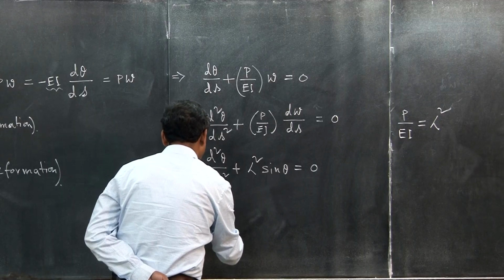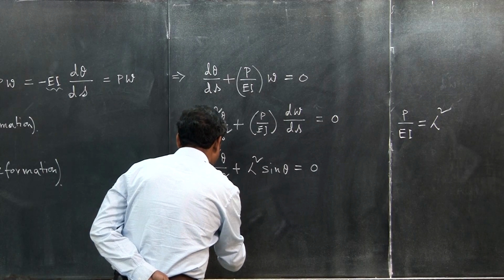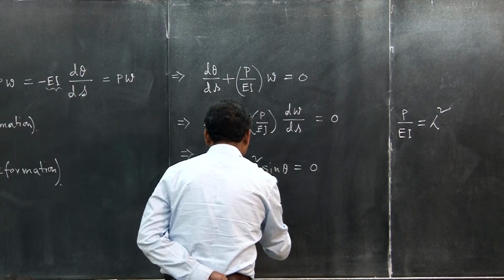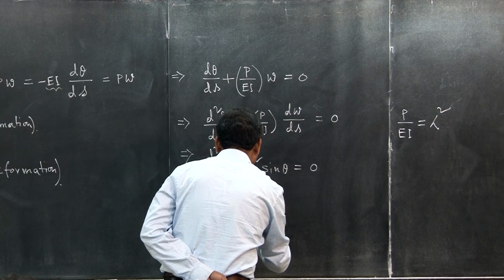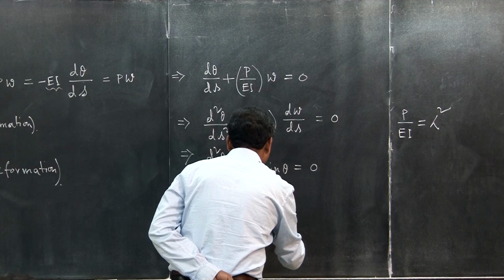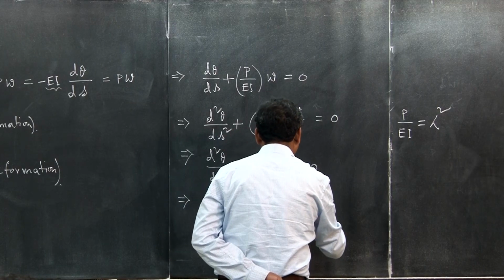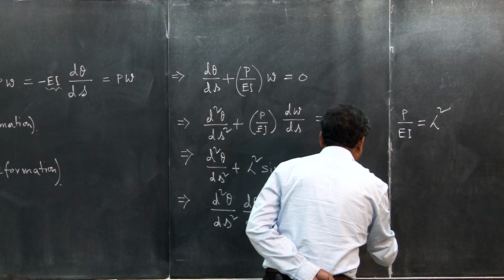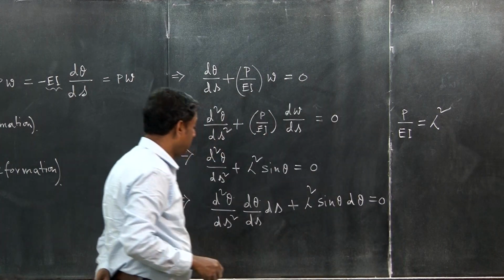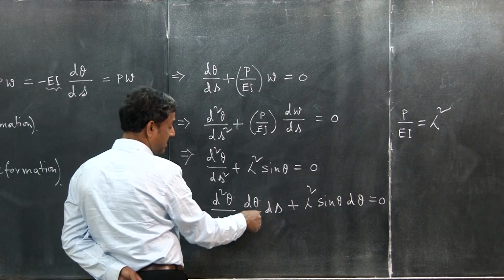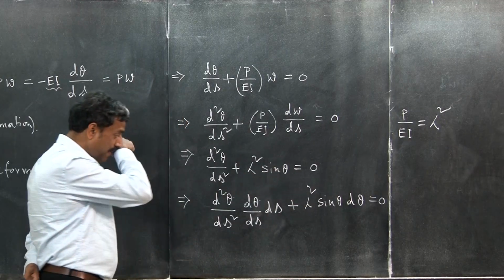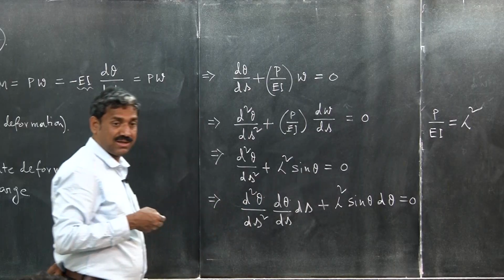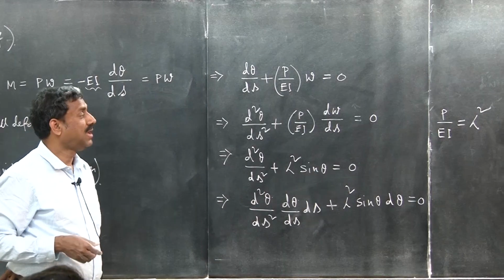So d2 theta ds2, and then I am going to multiply by d theta ds into ds, plus lambda square sine theta d theta is equal to 0. I am multiplying both sides by d theta. Why am I doing that?